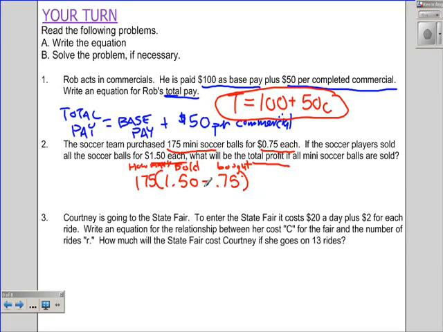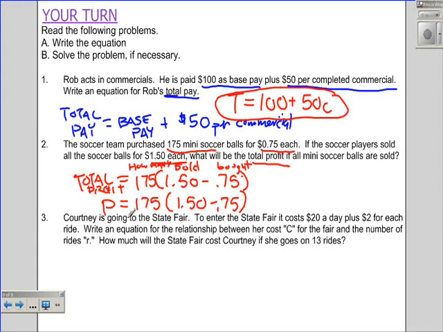So 175, and that's going to equal the profit. So our total profit is always equal to the difference between what was bought and sold times how many we bought. So the profit P is equal to 175 times $1.50 minus 75 cents. So we made 75 cents per ball. We sold 175. I could work this out to find the total profit.